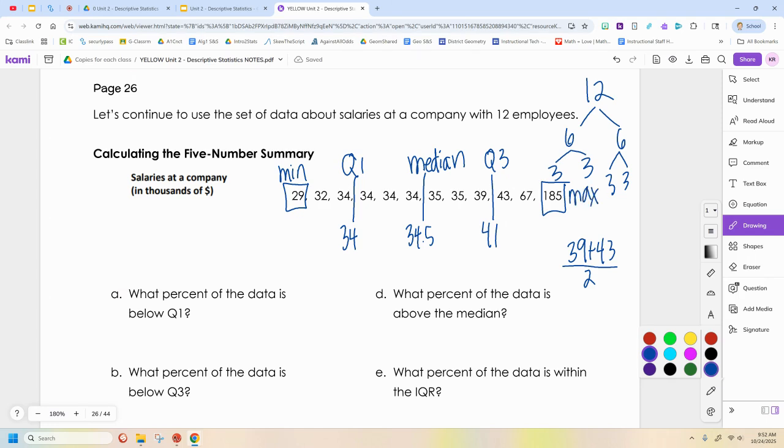So if data is in order and it's not a huge set of data, it's easy to just do it by hand. All right, can you guys answer the 5 questions that are right there?